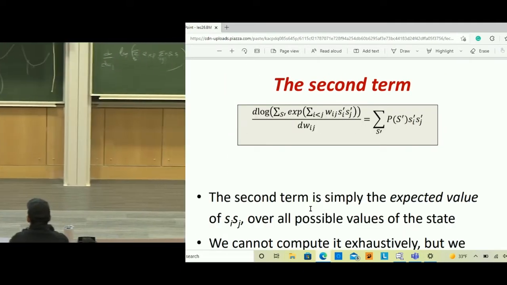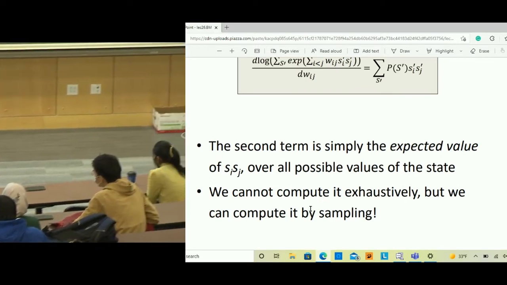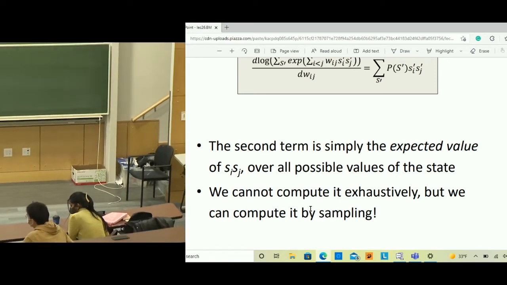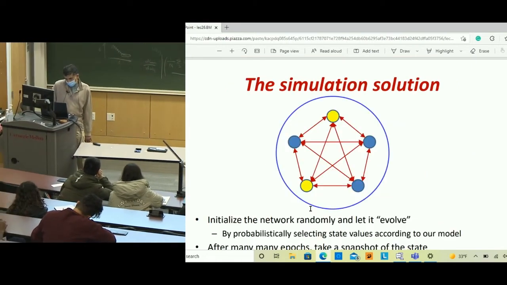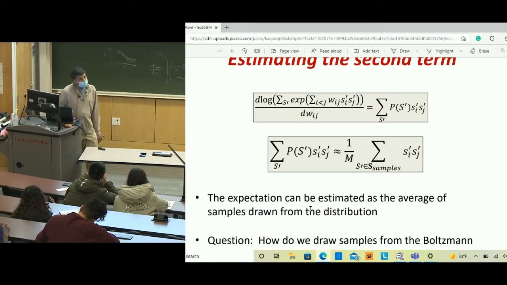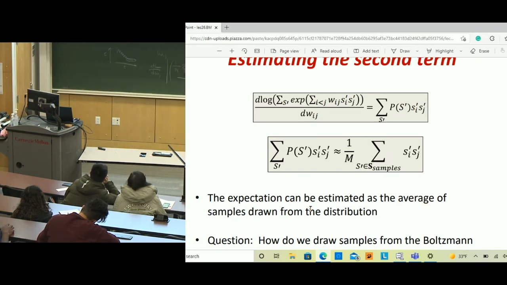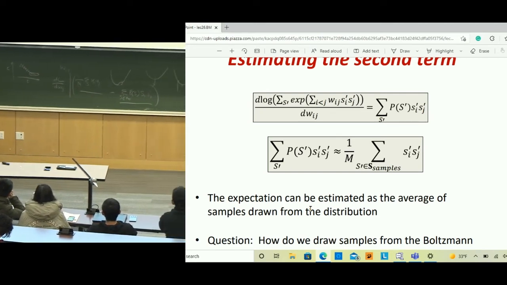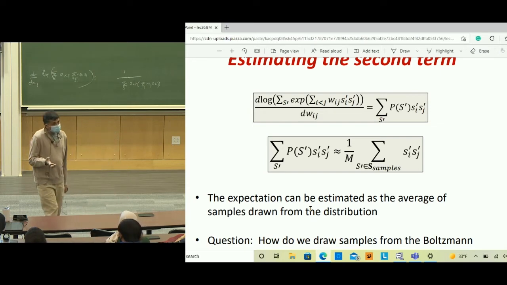It's the expected value of SiSj over all possible values of the state, which means you need to go over all exponential possible combinations, which you cannot do. So you're going to simply do it by sampling. I'm going to draw samples from the distribution, and then once I draw samples, I'm going to take the average of this product pair over all samples. But then what does it mean to draw samples from a distribution?